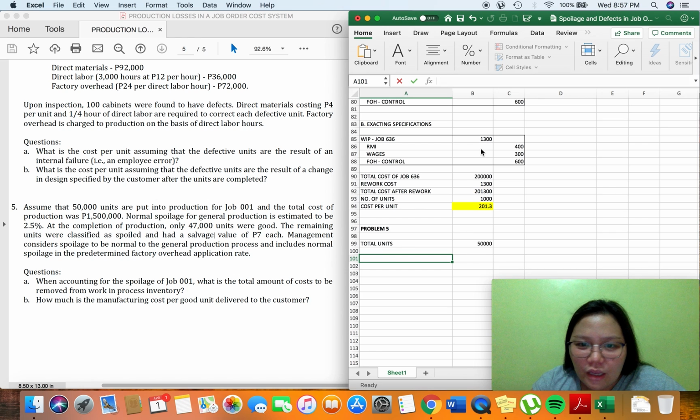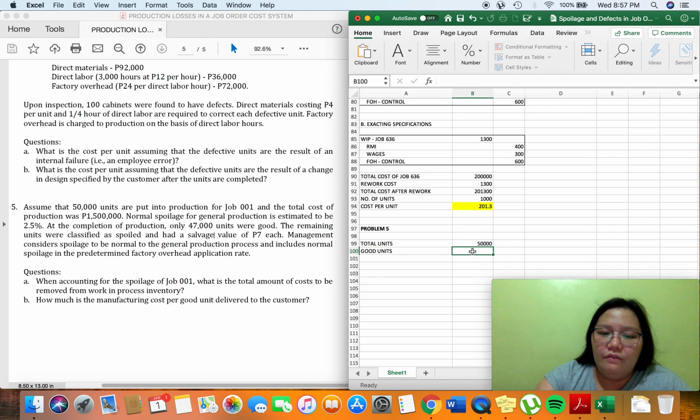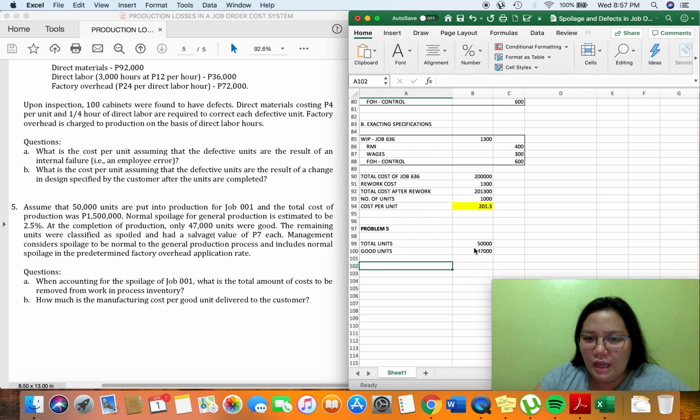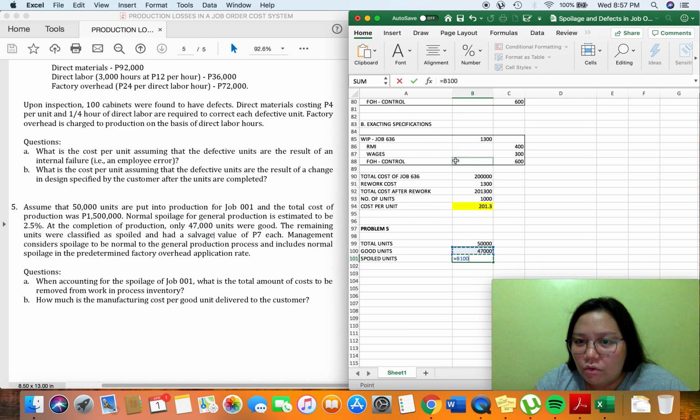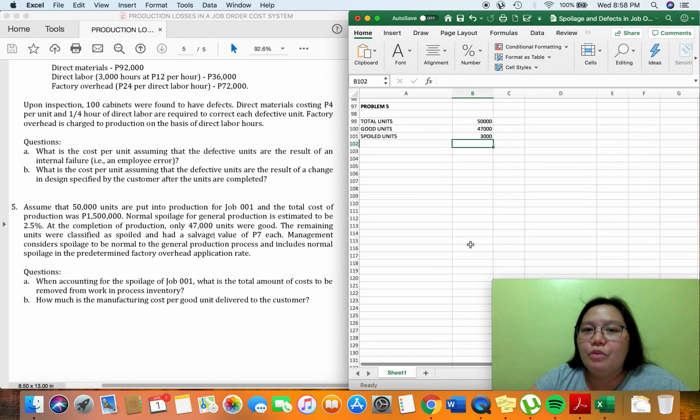But we have only ended up with 47,000 good units. So therefore, we have total spoiled units of defects. We have 50,000 minus 47,000, 3,000 spoiled units.